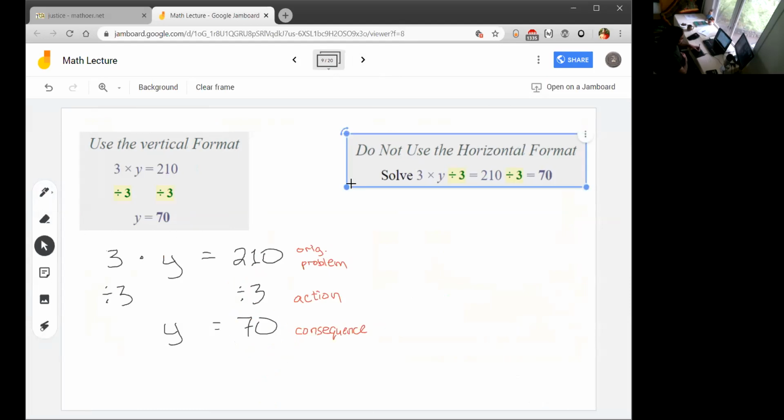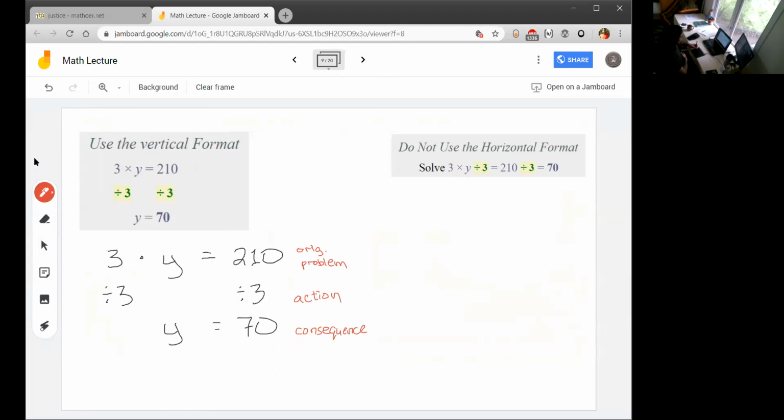If I tried to do this all in one line, then I could say 3 times y equals 70. And what's the opposite of times 3? It's divided by 3. And that gets y by itself.